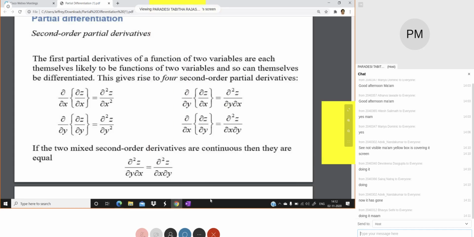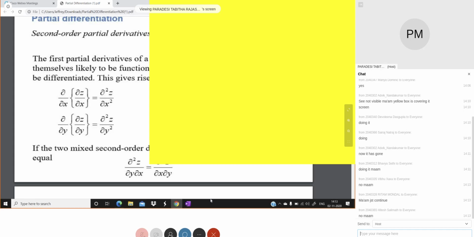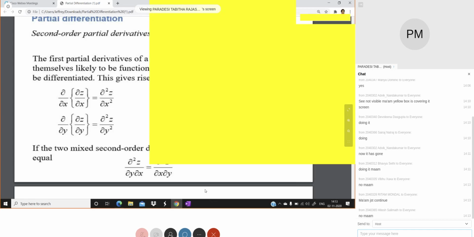What about the others? Others also feel there's something here on the screen. Otherwise, I'll stop sharing and do it all over again. Have you finished?